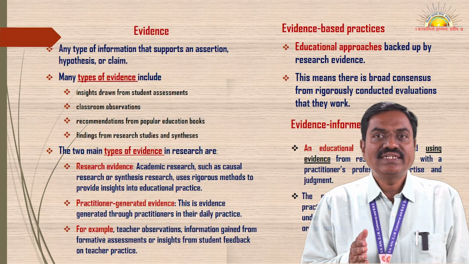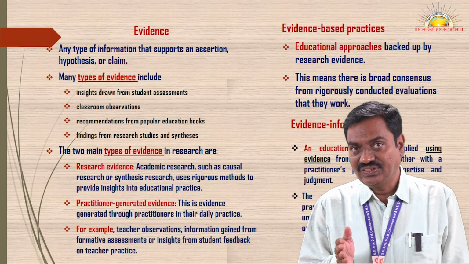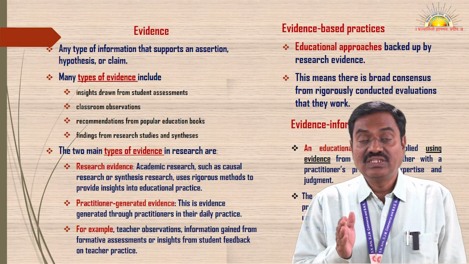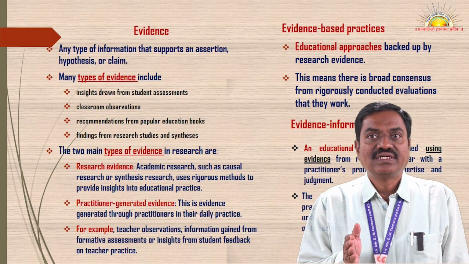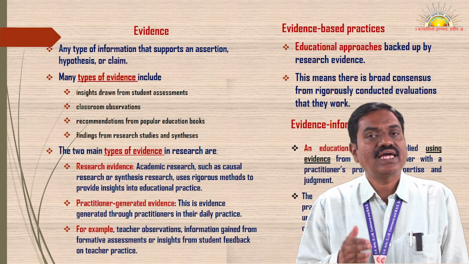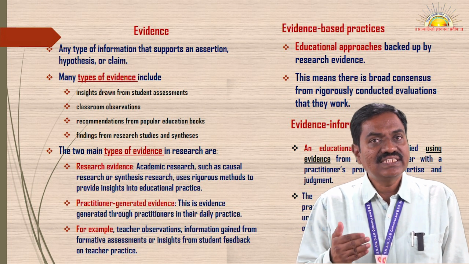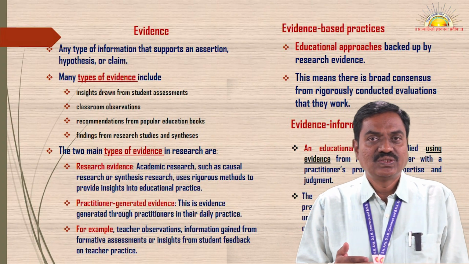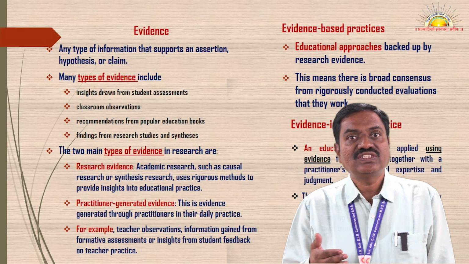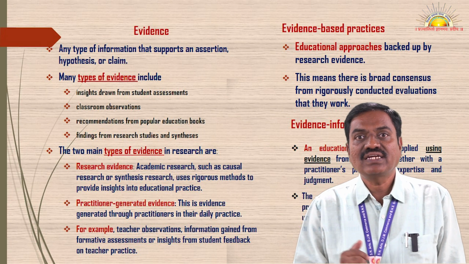The two main types of evidence in research are research evidence, which is academic research such as causal research or synthesis research, which uses rigorous methods to provide insights into educational practice.